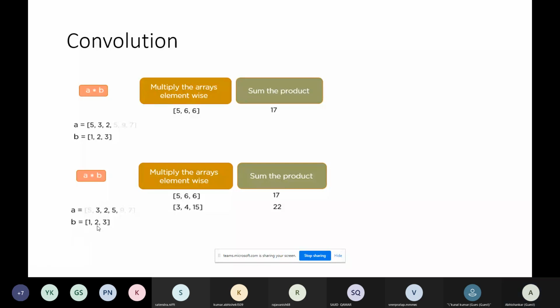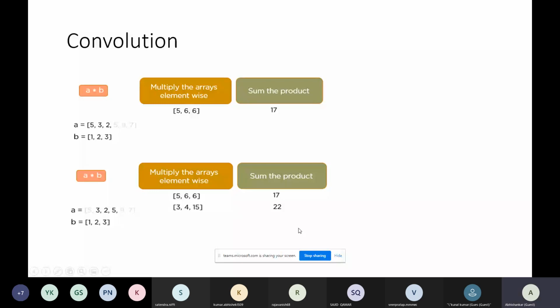Understood? Next time we have to leave the first one, take the next 3 and multiply with B. So 3 into 1 is 3, 2 into 2 is 4, 5 into 3 is 15. The sum is 22.